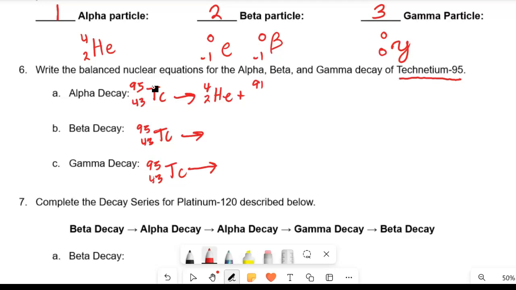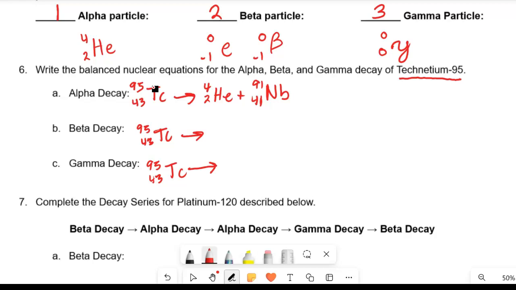And what number plus 2 gets us to 43? 41. And looking at the periodic table, number 41 would be Nb. So after going through an alpha decay, technetium-95 (95, 43 Tc) becomes 91, 41 Nb.